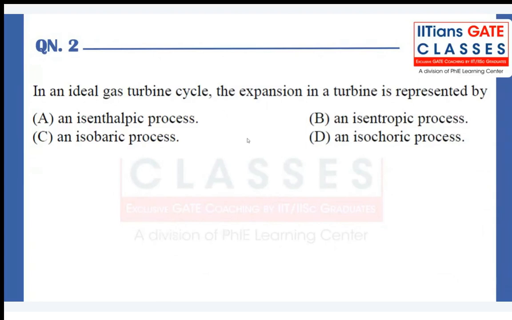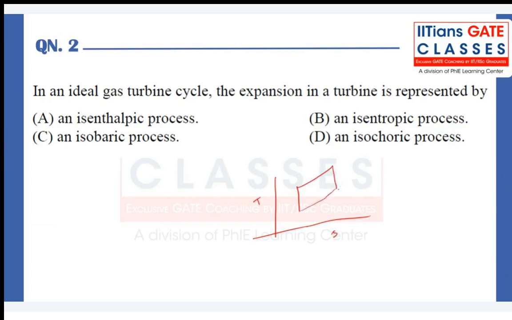So the expansion process in a gas turbine engine. We know ideal gas turbine engines work based on the Brayton cycle. If I have to draw it in a Mollier diagram or TS diagram, I have isentropic compression, isobaric heat addition, and isentropic expansion, and this is an open Brayton cycle.